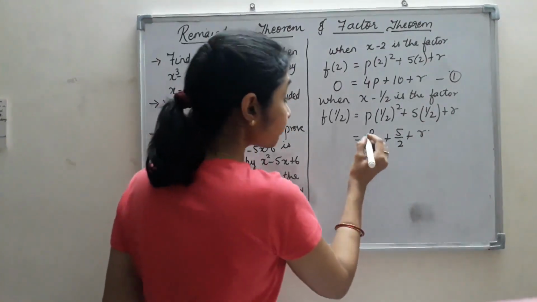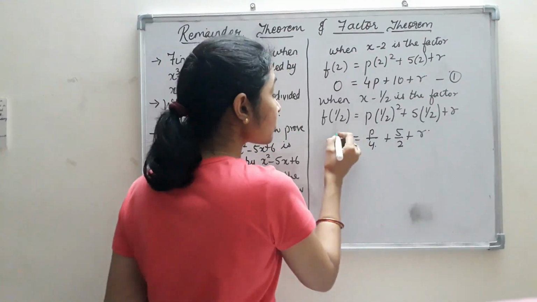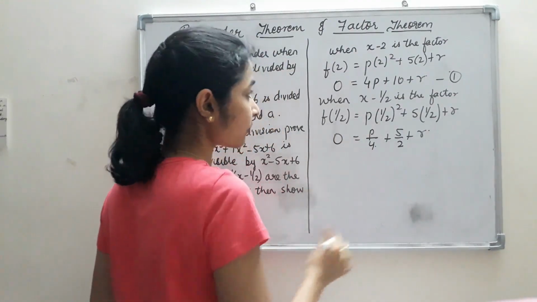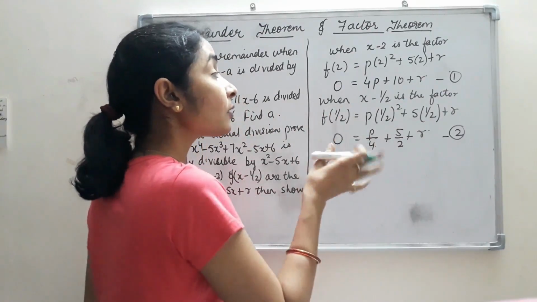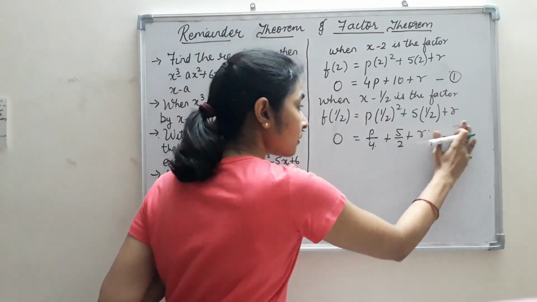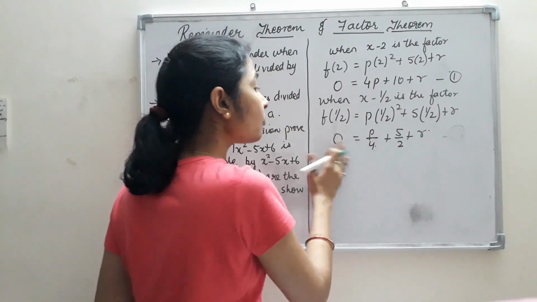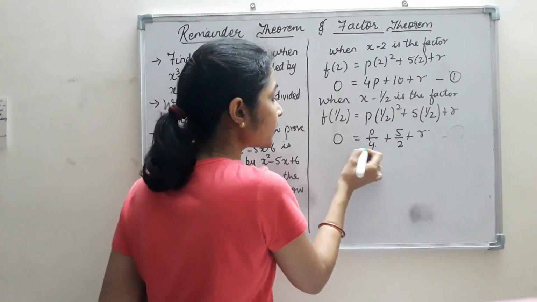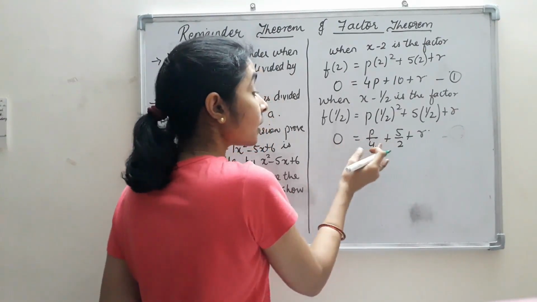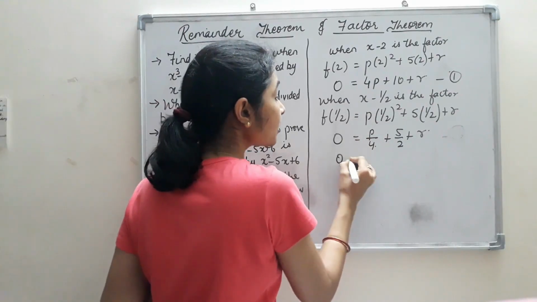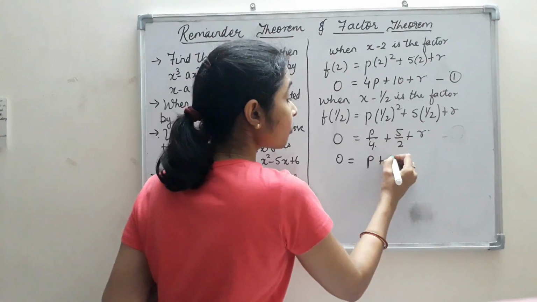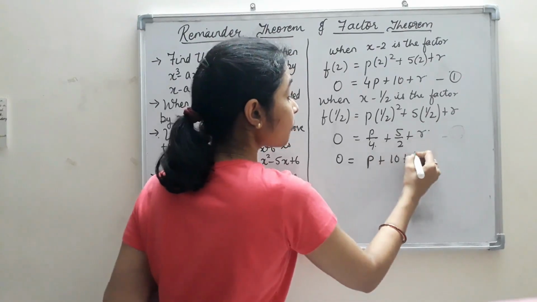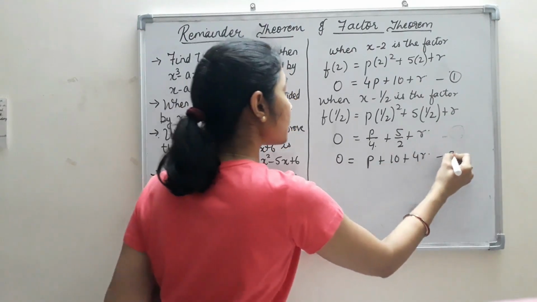Okay, so here p upon 4, now this is also equal to 0 because this is also the factor. Now equation 1 and 2 we can equate both of them. Why? Because they are both equal to 0. But before that we'll just simplify this equation. We'll just take the LCM here. So what do we get? 0 is equal to p plus, LCM is 4, so 10 plus 4r is equal to 0. This is equation number 2.